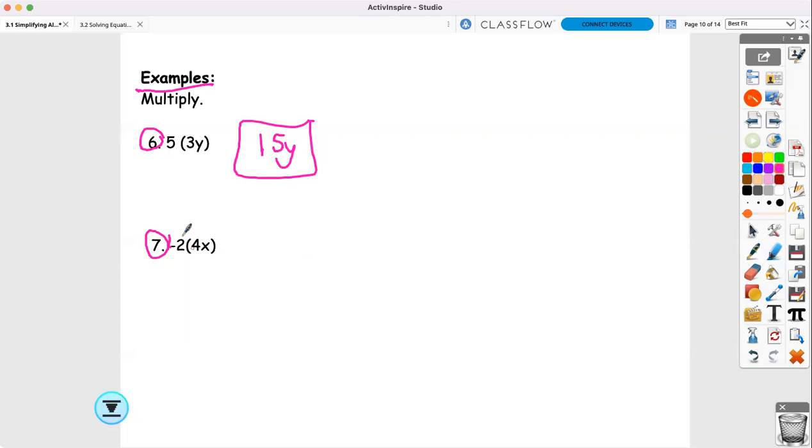Example 7 is negative 2 times 4x. What's a negative times a positive? Negative 8x. And we're done. Does anyone need more time on this slide? Like an extra minute or so? Speak now or forever hold your peace.